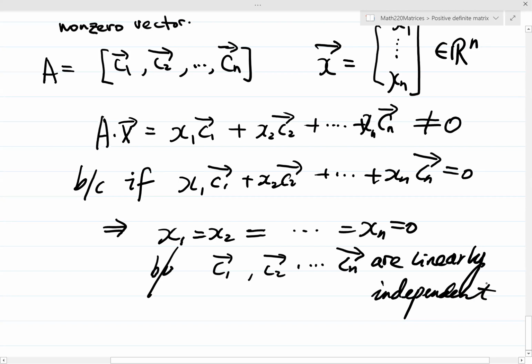Because the vector x is non-zero, not all of x1, x2, up to xn are zero, so this linear combination is non-zero.